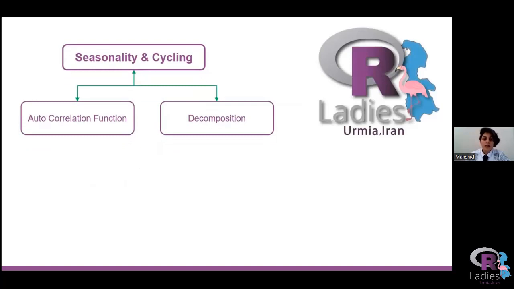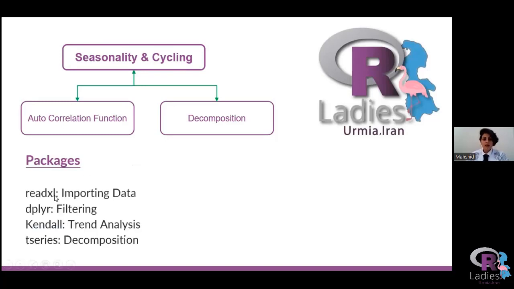For analyzing seasonality and cycling, we can use the same methods: the autocorrelation function method and decomposition. The packages which we are going to use in this section are readxl for importing the data, dplyr for filtering, Kendall for trend analysis, and tseries for decomposition.